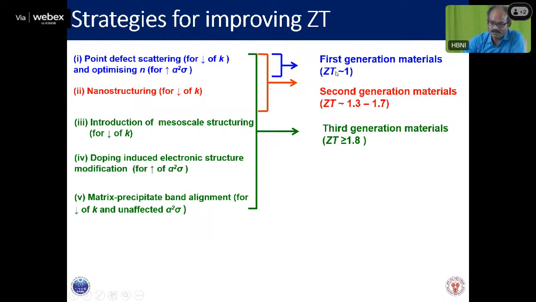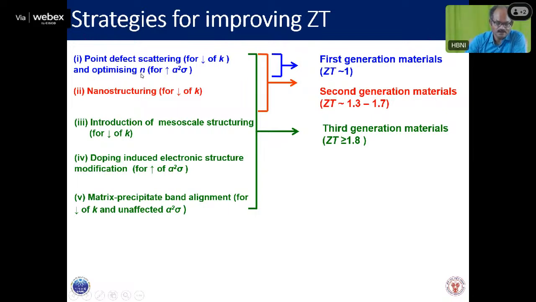So there are three generations of materials. In the first generation, the strategies for improving ZT were like point defect scattering, creating point defects inside the material deliberately. These point defects are a source of scattering the phonons, and therefore they reduce the thermal conductivity.